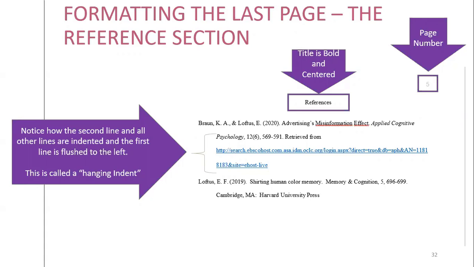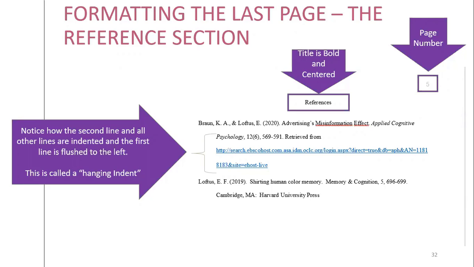Now, the one thing that you might notice that's a little different here is that in the reference section, it's different from the paragraphs in your paper, because if you remember in your paragraphs, you indent the first line and then you start writing. In this case, it's different. It's actually reversed. The first line is going from left to right, and then as of the second line, everything else is indented.